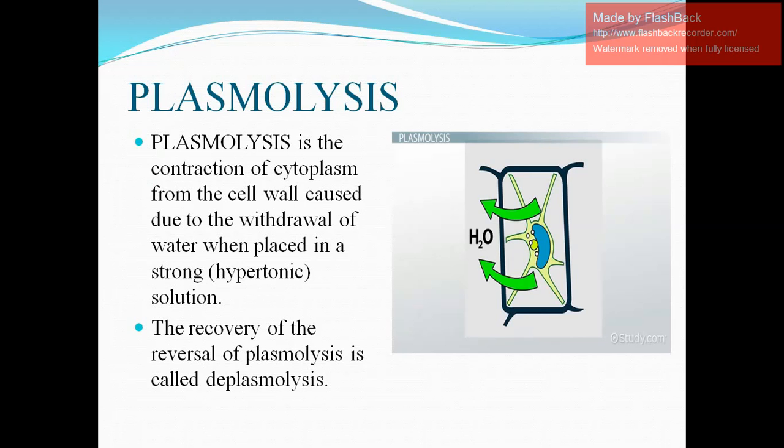When we place a cell in such a solution, the cell loses its water, meaning the water moves out of the cell into the solution, and as a result the cytoplasm contracts from the cell wall. This contraction of cytoplasm from the cell wall is called plasmolysis.